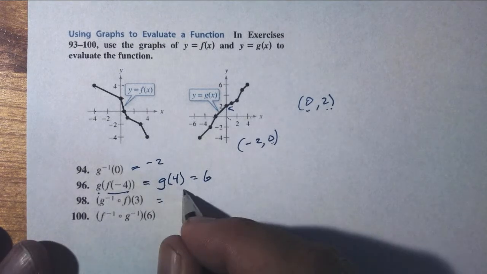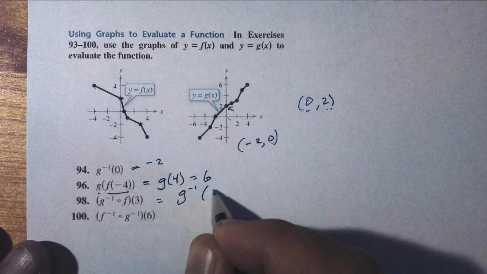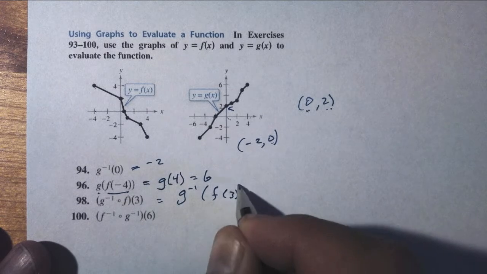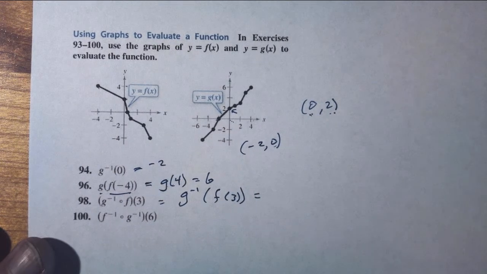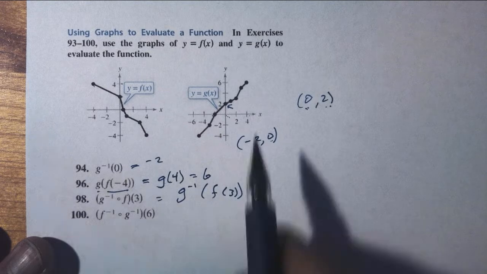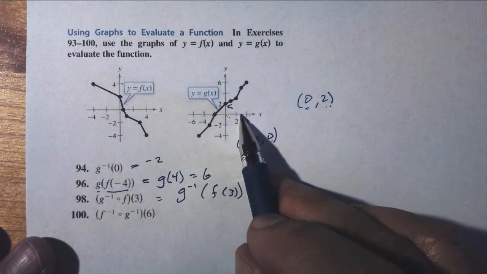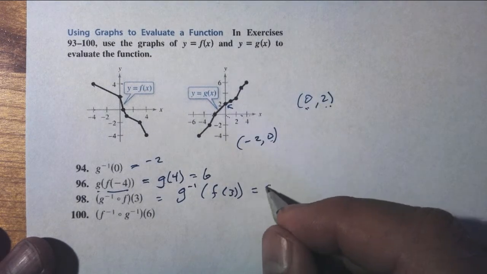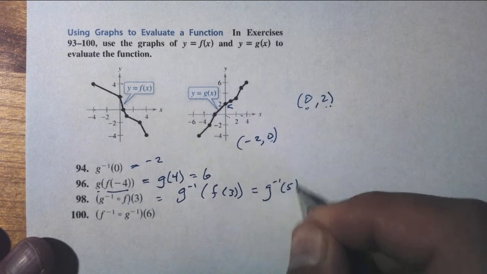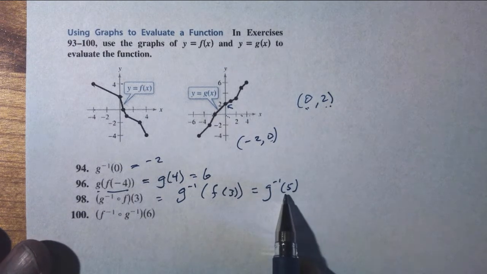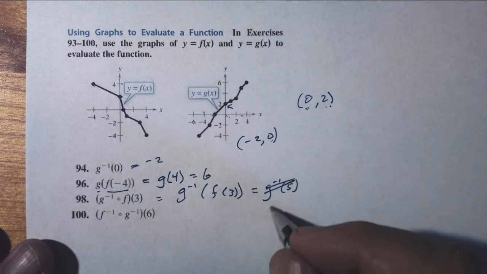Here we've got g inverse of f of 3. And plain old f of 3, f of 3 appears to be 5. So that's g inverse of 5. That's g inverse. Oh, I looked at the wrong one. I was looking at g.